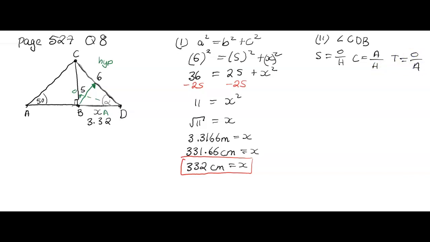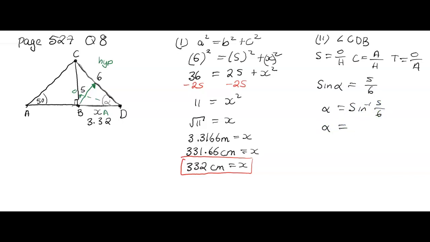So I'm going to use the one with hypotenuse in it and opposite. Okay, so I'm going to use sine. So sine alpha then, we don't know what it is, we're trying to find it. Opposite is 5, hypotenuse is 6. Alpha then is equal to sine inverse of 5 over 6.